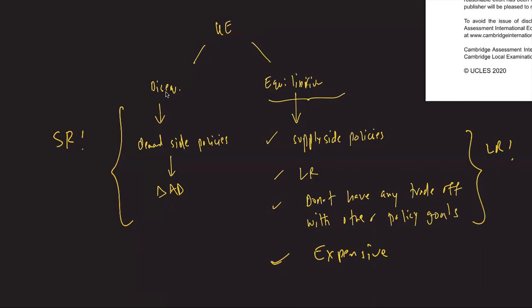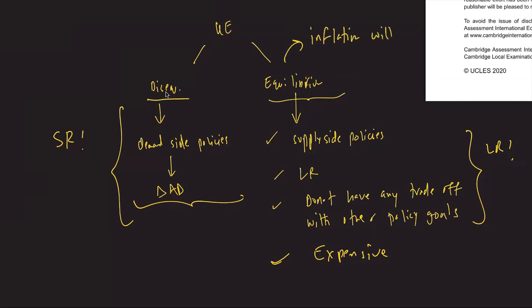For disequilibrium unemployment, demand side policies can also work in the long run. But the biggest problem is that if you use demand side policies for equilibrium unemployment, you will only end up causing inflation to rise.